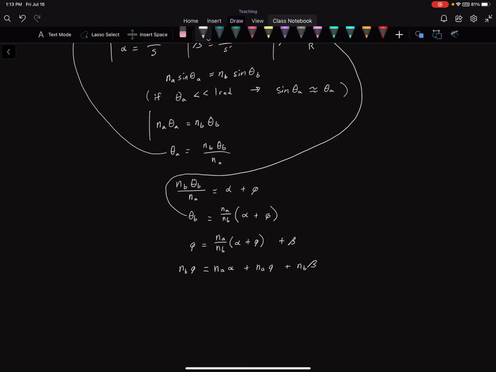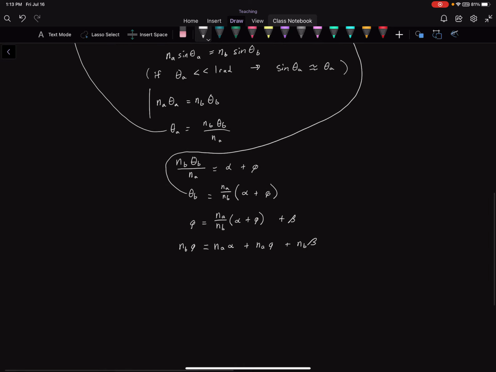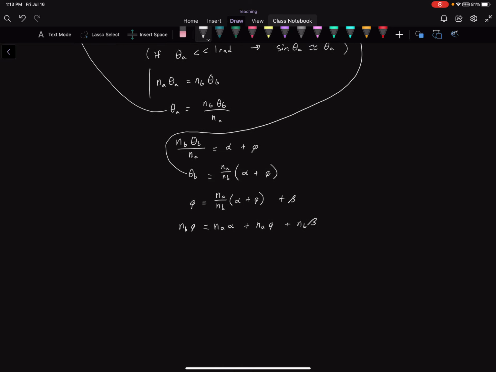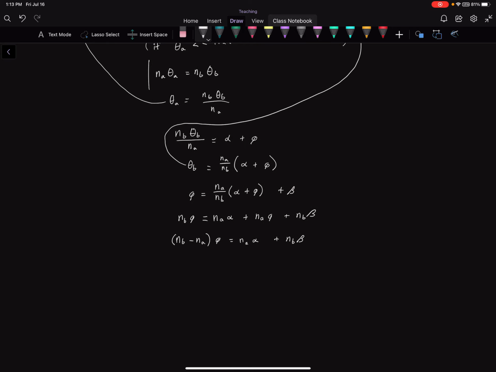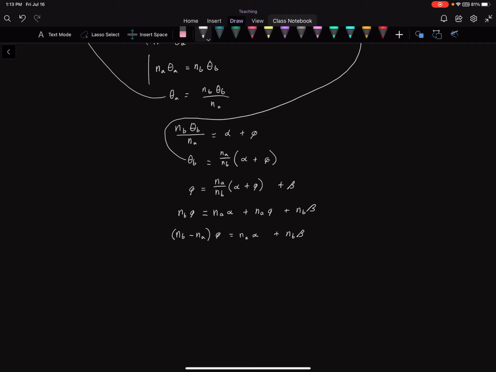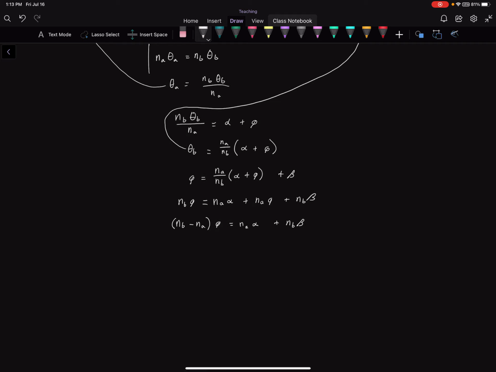Yeah, that's right. Okay. So then we can group some things on the left and the right. So we have NB minus NA times phi on the left, and NA alpha plus NB beta on the right. Alrighty, you follow that so far? If you don't, just pause. It'll take a couple seconds just to verify that algebra if you didn't follow along in real time.